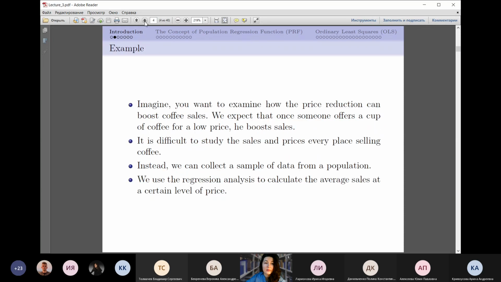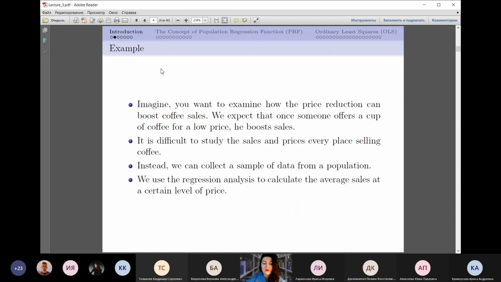But before our main discussion, let's discuss a simple example. Imagine that you want to examine how price reduction can boost coffee sales. And our general hypothesis is that if someone offers a cup of coffee for a low price, he boosts sales in general.